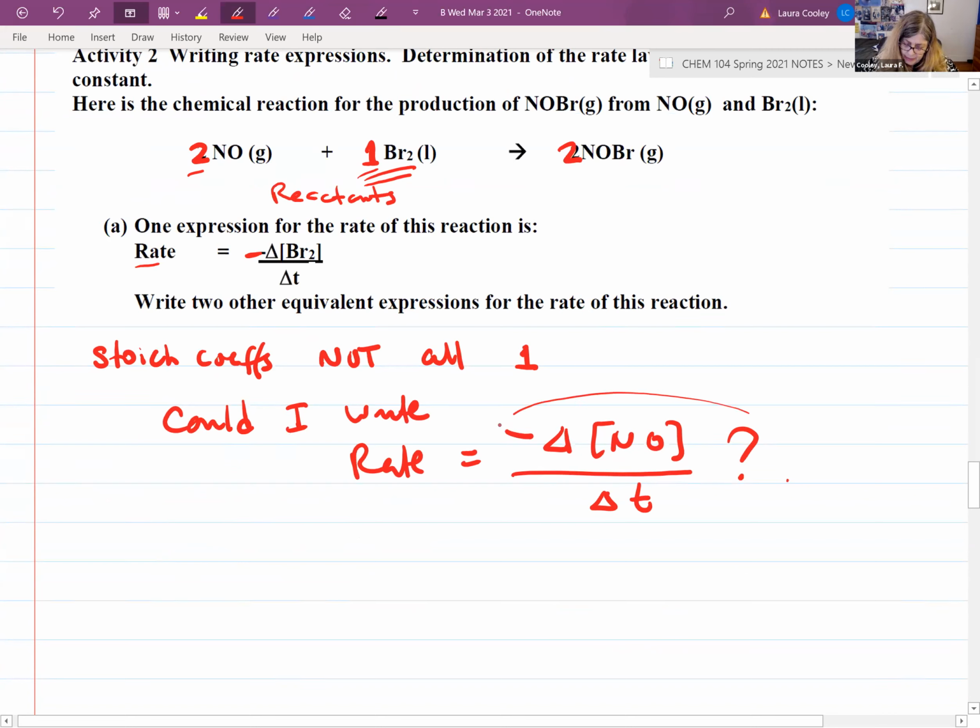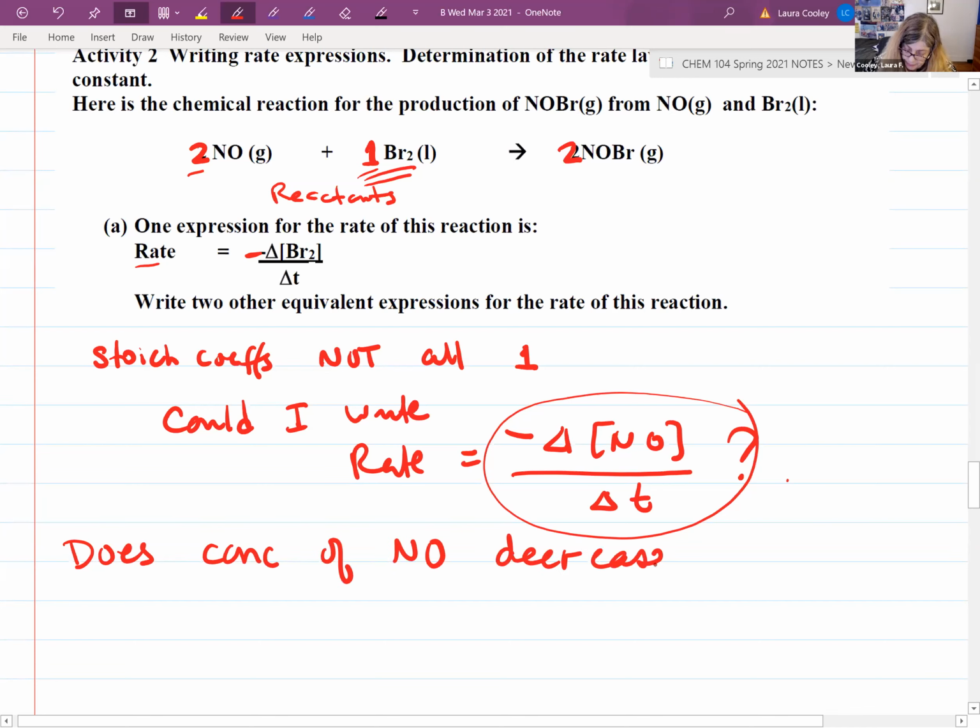Does the concentration of NO decrease, because putting this here is like the rate of decrease, at the same rate as the concentration of Br2?